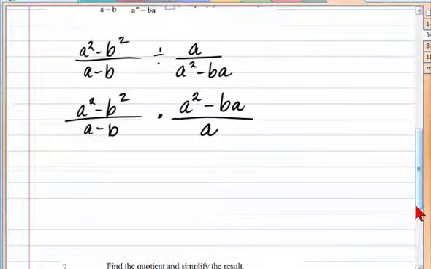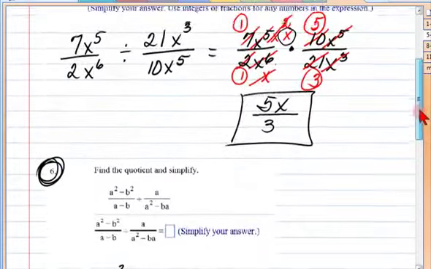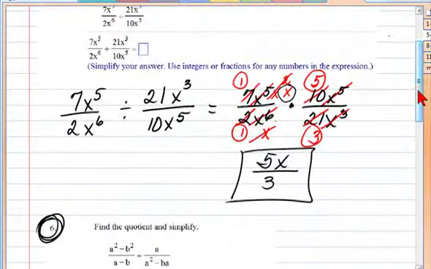Now what do I need to do? I'd like to bow tie. Before I can bow tie, I have to factor. If you work through a problem and you haven't factored, the only kind of problem that you should be doing that on would be one like this, where there is no factoring to be done.